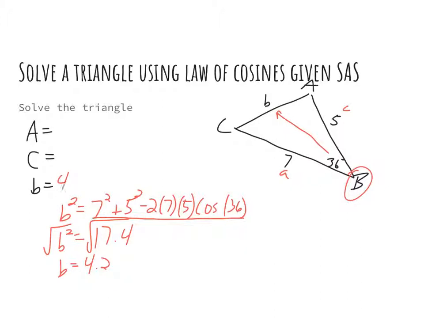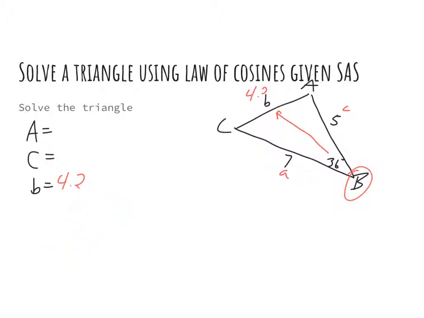Side lengths we're going to be rounding to 2 decimal places, so I can fill that in here. Now for the other parts, to find angles, it's a little bit different. I'm going to need this room here because it is a little bit more writing to find an angle measure using the law of cosines.